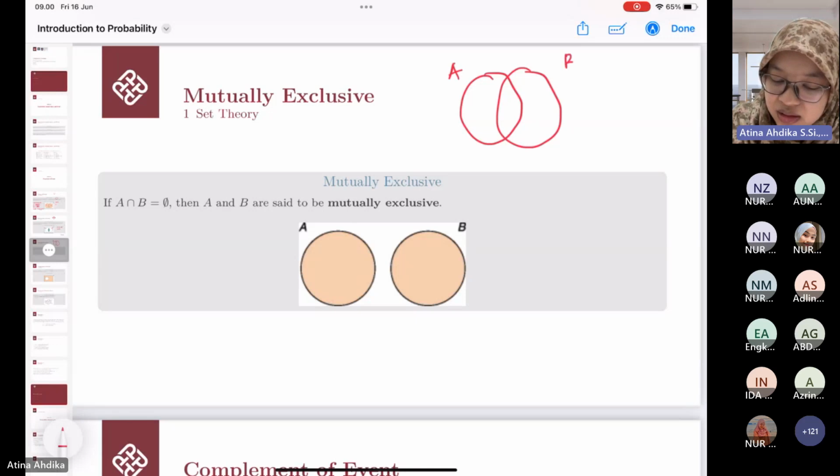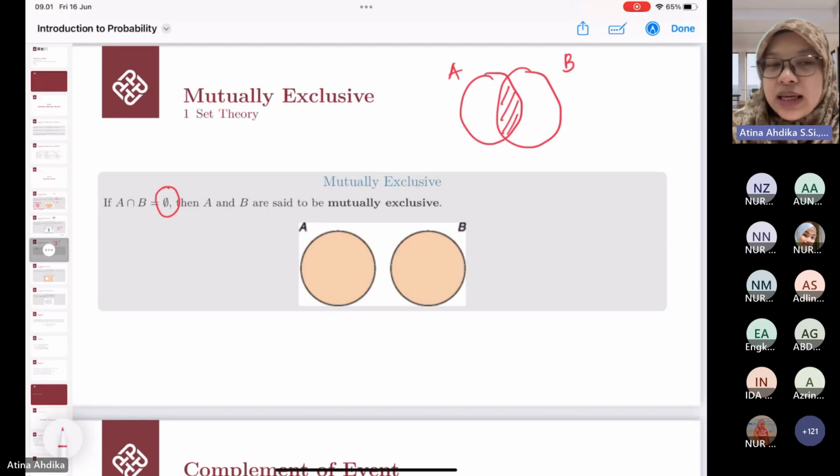But if we have no intersection, or we can say that the intersection of A and B is the empty set, this is the symbol of the empty set, then we can say that A and B are mutually exclusive.